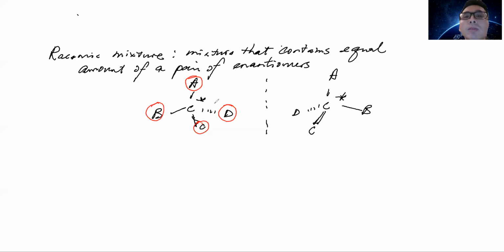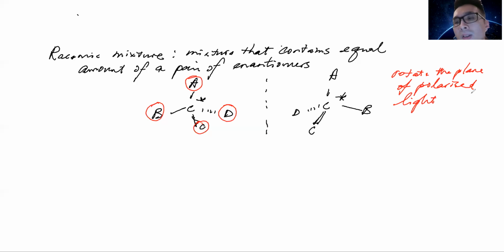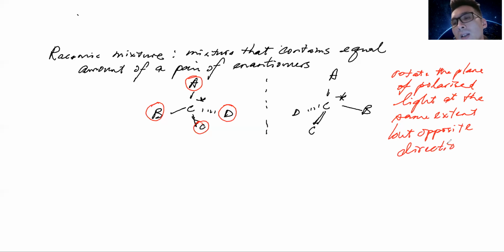So they can rotate the plane of polarized light at the same extent but opposite direction. Okay, I believe you already recited this definition.